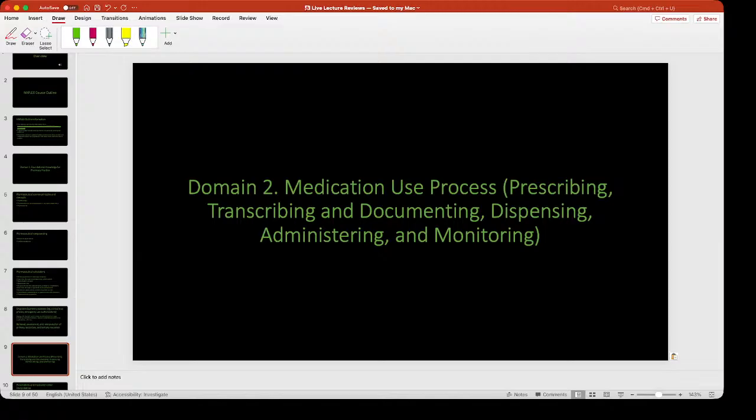You want to look at those things and see if there's going to be any major risk in taking that medication or not. So those factors are very important. Dispensing, administering as well, and monitoring.